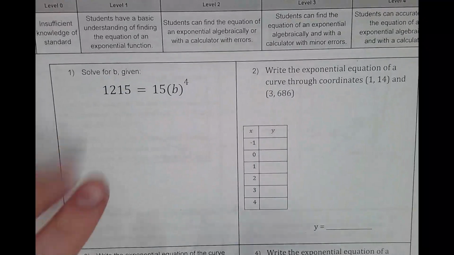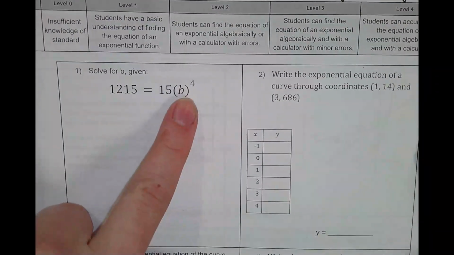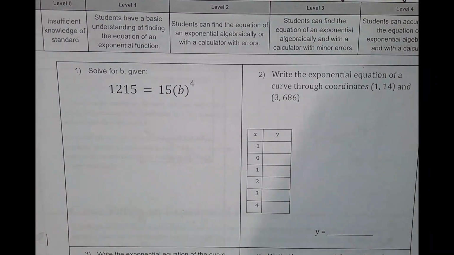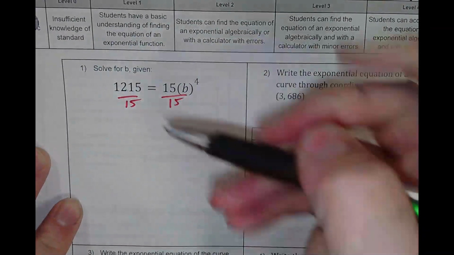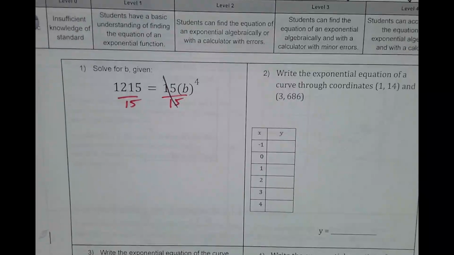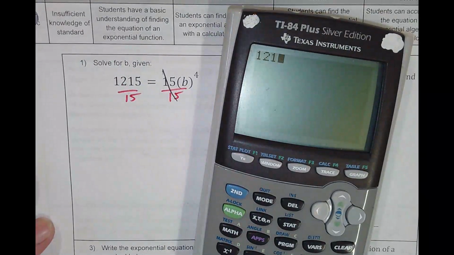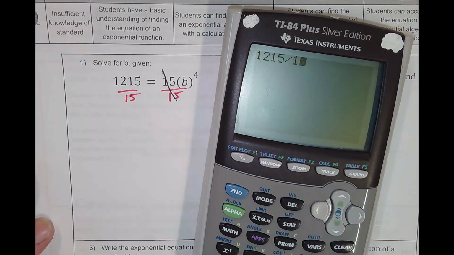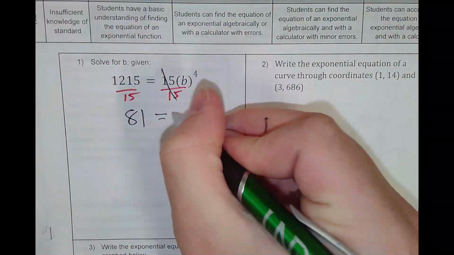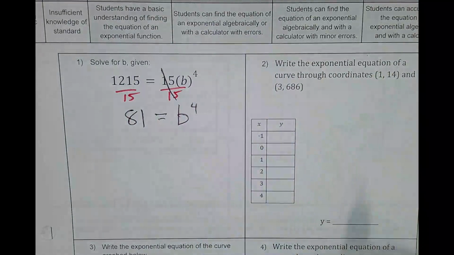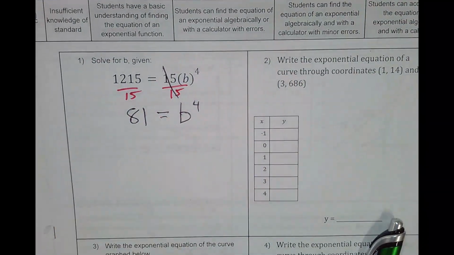So solving number 1, we need to isolate b. We need to get b by itself. What we'll need to do is divide by 15, giving us 1215 divided by 15 is 81. 81 equals b to the 4th power. What's the opposite of the 4th power?